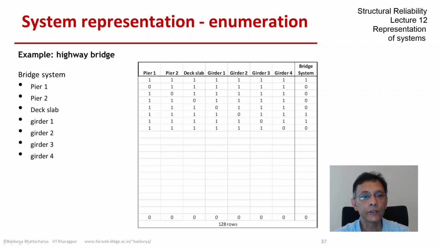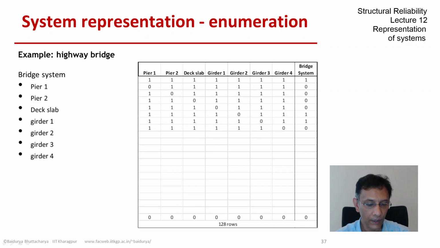So that's row number 5. But in row number 6, if girder 2 has failed and everything else is up, then the bridge is able to take that loss and still function. So even if girder 2 has failed but the others are up, the bridge is up.